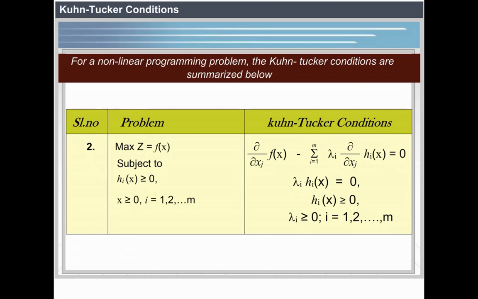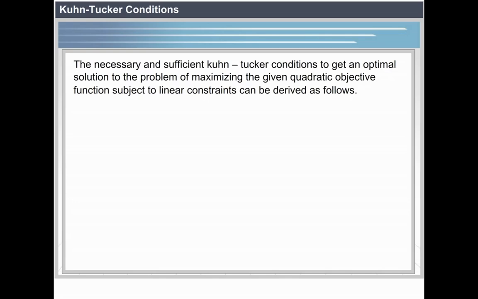The necessary and sufficient Kuhn-Tucker conditions to get an optimal solution to the problem of maximizing the given quadratic objective function subject to linear constraints can be derived as follows.